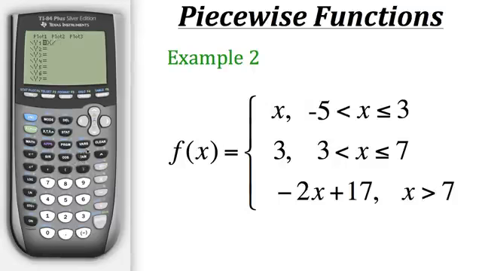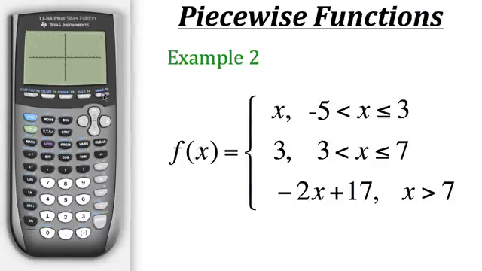Now at this point, we can't just directly put in the statement as we see it in parentheses. If we do that, we'll come up with an incorrect graph. And I'll show you an example real quick. So right now we have the statement exactly how it's written in our piecewise function.